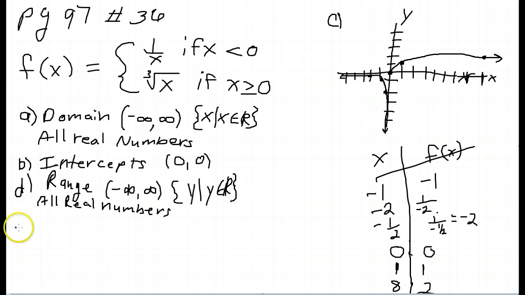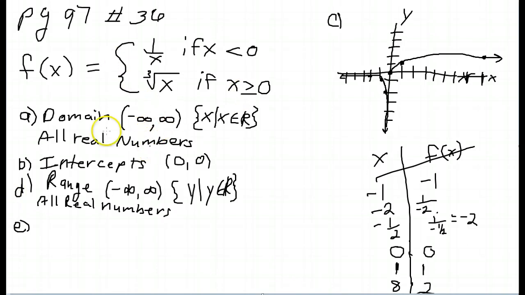And our last part is part E. Part E asks us, is f continuous on its domain? That means, can I draw this graph without picking up my pen?